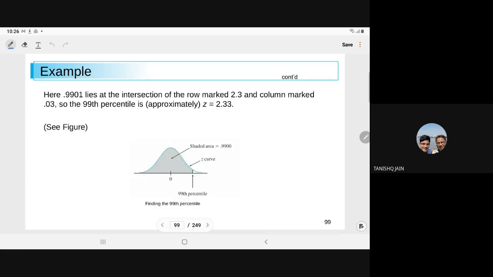From the table, this value is 2.33. So z below 2.33 covers 99% of the total area.